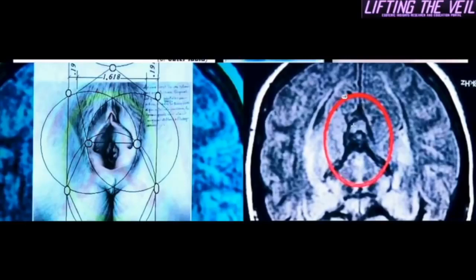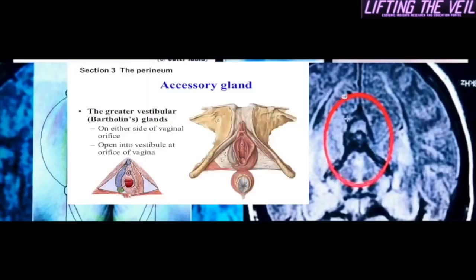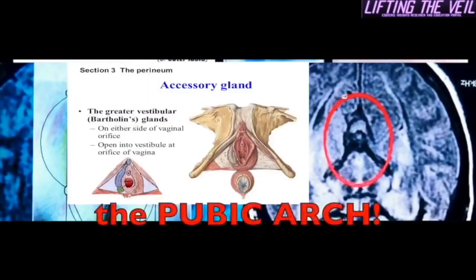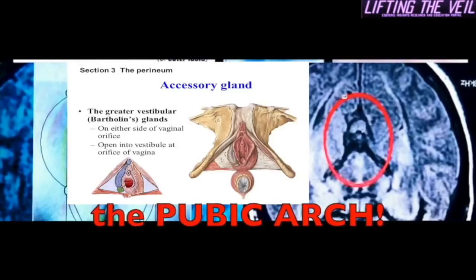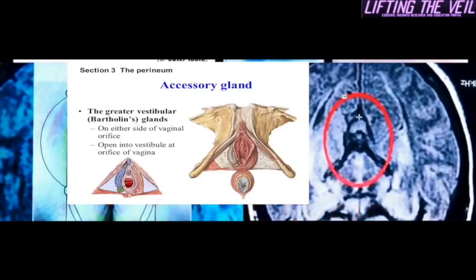Here we've got the two branches, which would be either the bulb of the vestibule or the two major labia, the labia majora, the two lips of the vagina, and again the frenulum clitoridis here at the top, which joins the two.